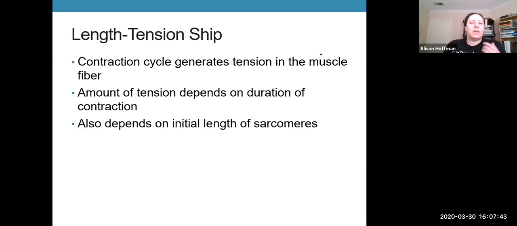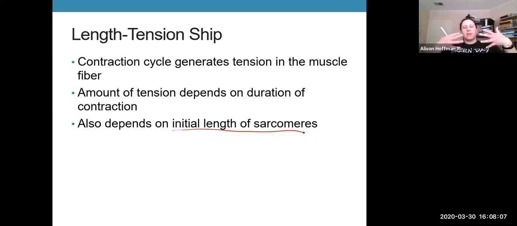So basically we know that as long as the contraction cycle is going, we're going to generate tension in the muscle fiber. But how much tension can occur depends not only on how long the contraction cycle is running, right? Because we know if it runs longer, we're going to keep generating tension, but it also depends on how long the sarcomeres are to start.